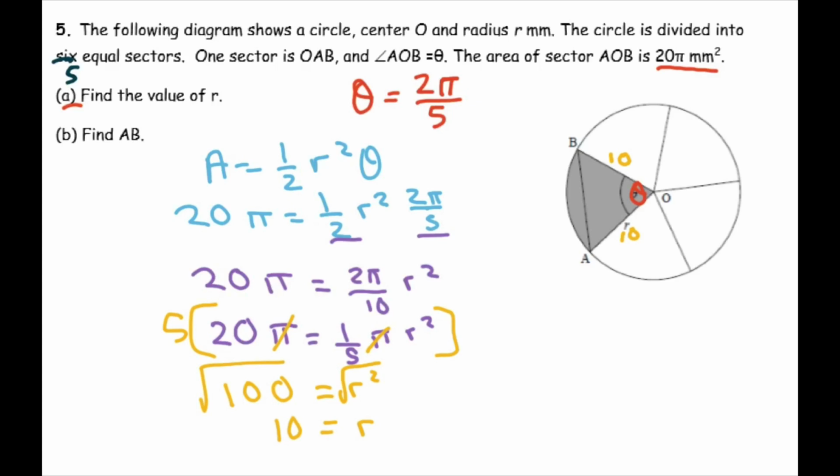Now we have to find this length AB. And what you notice is we have a side angle side. This angle here is 2 pi over 5. So since we have a side angle side triangle, we're going to use the law of cosines. So we'll do that on the next page.